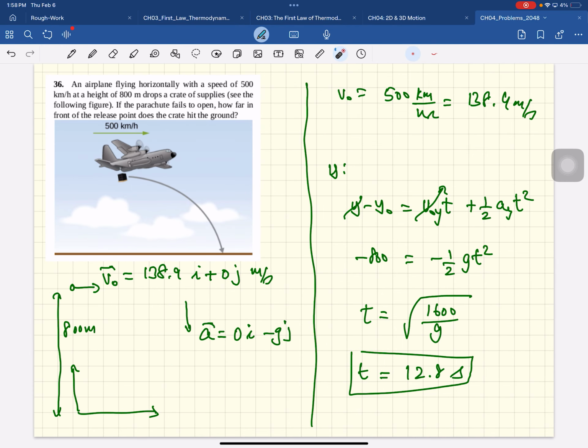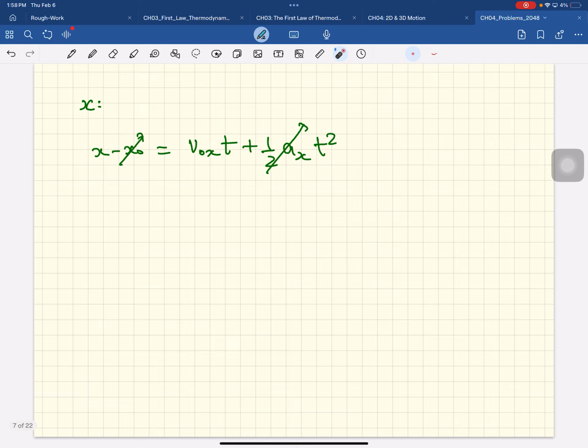And then what we want to do is find this final x position. We found the initial x component of the velocity, 138.9 meters per second, times t. And t was 12.8 seconds.